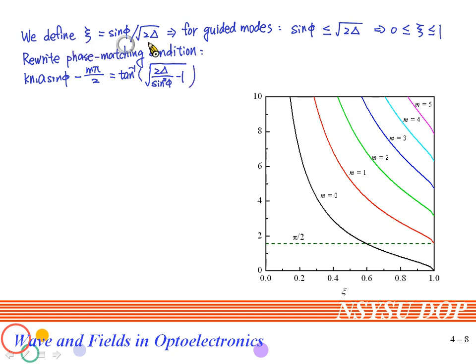According to the definition of C, we take the definition of C into here, we can rewrite the phase matching condition in this way. And of course, it can be also re-expressed as the following form.